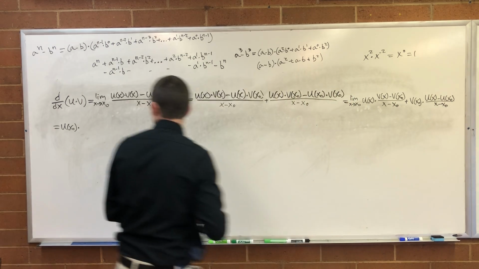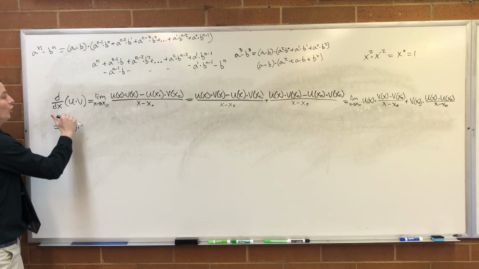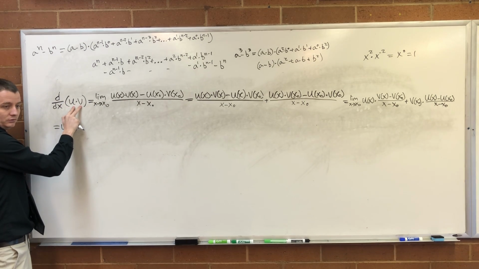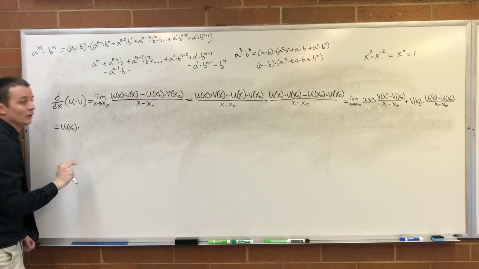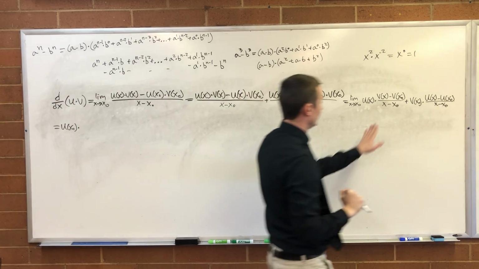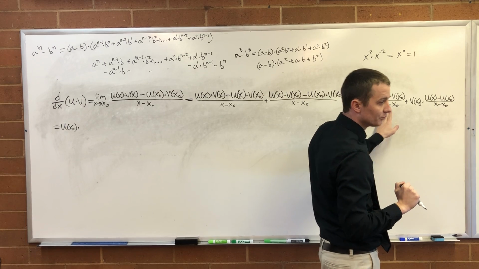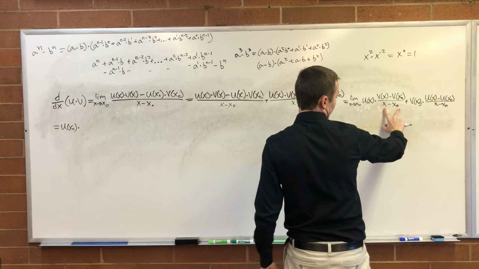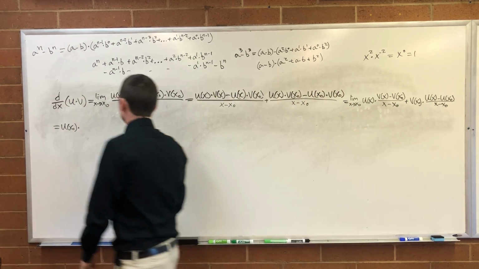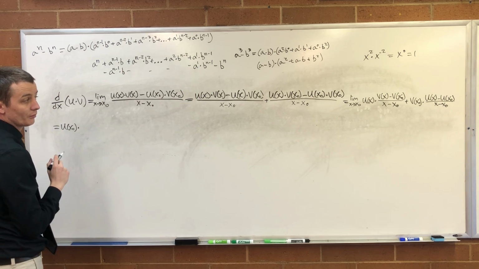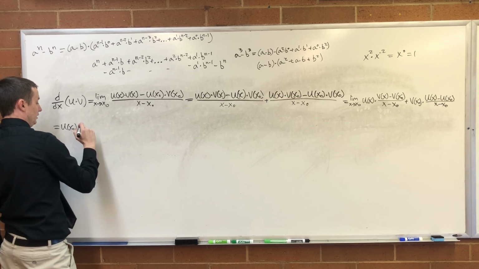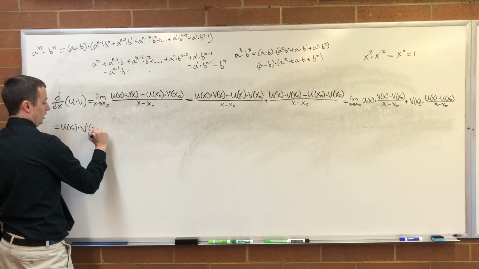So we're assuming, sorry, I probably should have said this before. We're assuming that these are both differentiable. That's our assumption. So, whatever this is, we already know what this number is. Okay, so what's this right here? The derivative of v. Yeah, that's going to be v prime at x naught, right?